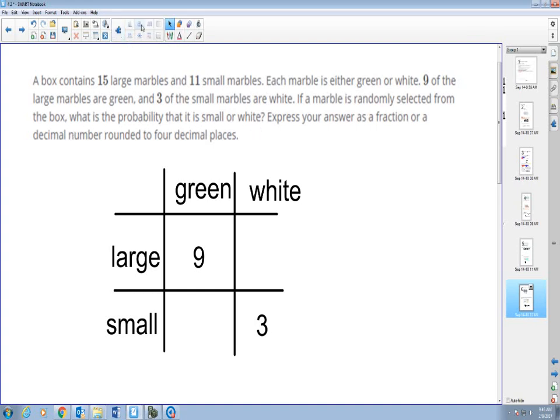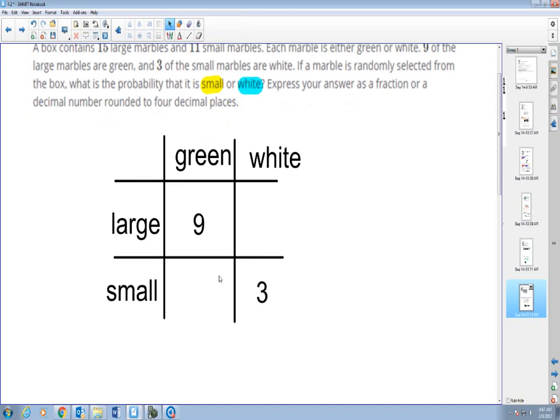So that's 2 events right there. It does not say small and white. It's saying small or white. So I gotta figure out all the small ones and all the white ones, and I'm going to have an overlapping, or common, outcome here in a minute.